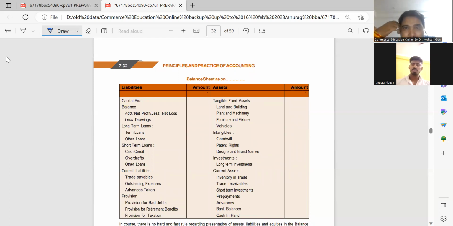Profit and loss account question, format of the profit and loss account, and format of the balance sheet. You have to learn this. Format of profit and loss account. Profit and loss question.